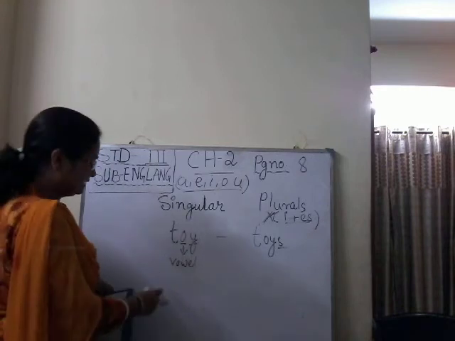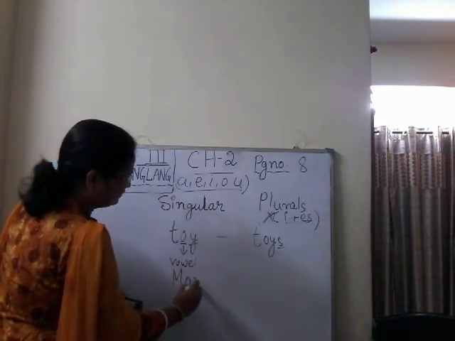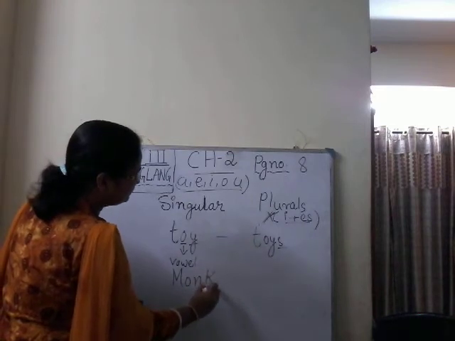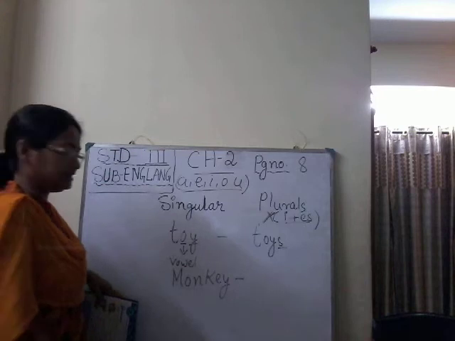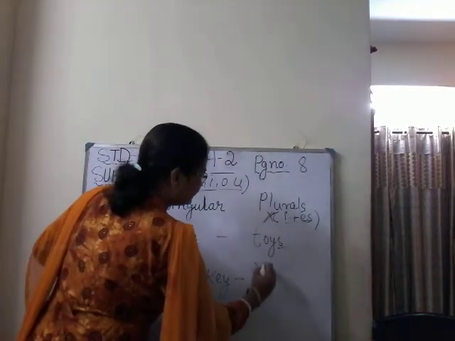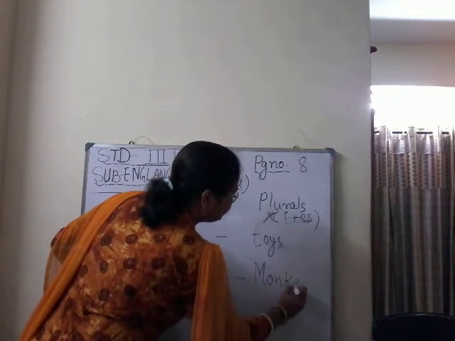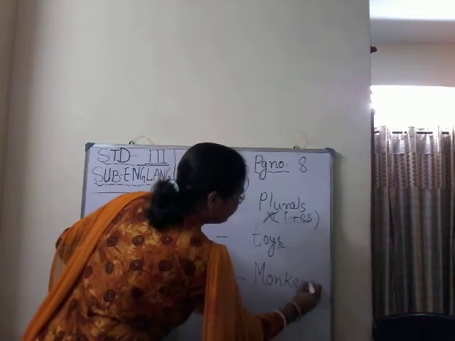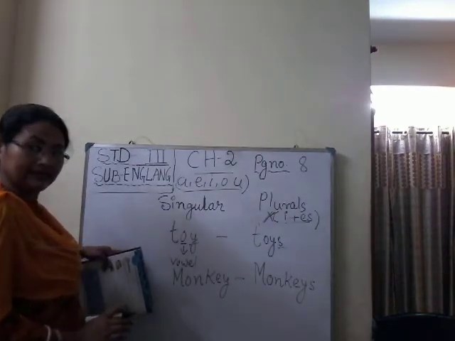Okay, one more example. See, monkey. M-O-N-K-E-Y. Now, what is the plural form of monkey? Monkeys. M-O-N-K-E-Y-S. Okay. Why?